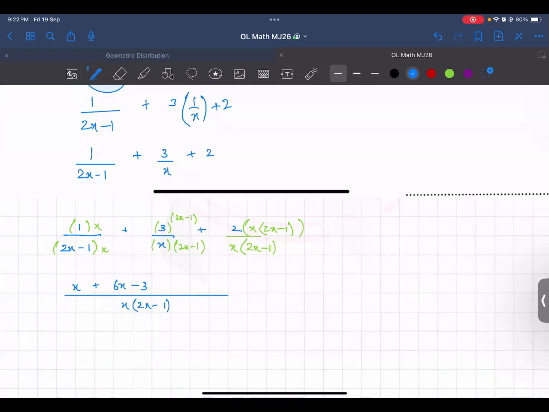And this would become 2x times 2x, it is 4x square, and 2x minus 1 minus 2x. And now you simplify, it would become 4x square, and 6 plus x is 7x. 7x minus 2x is 5x. This is your answer.